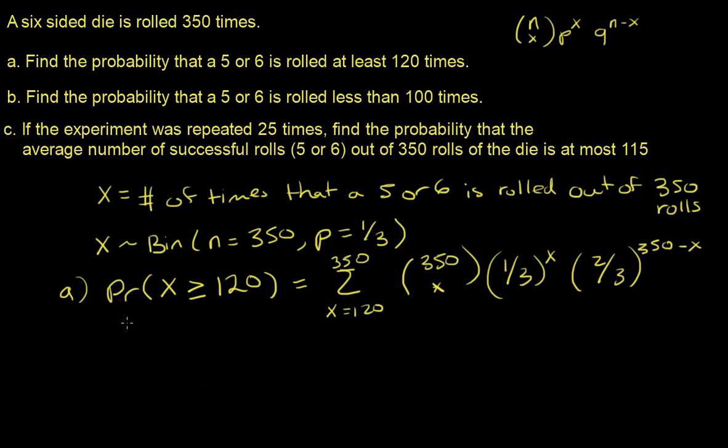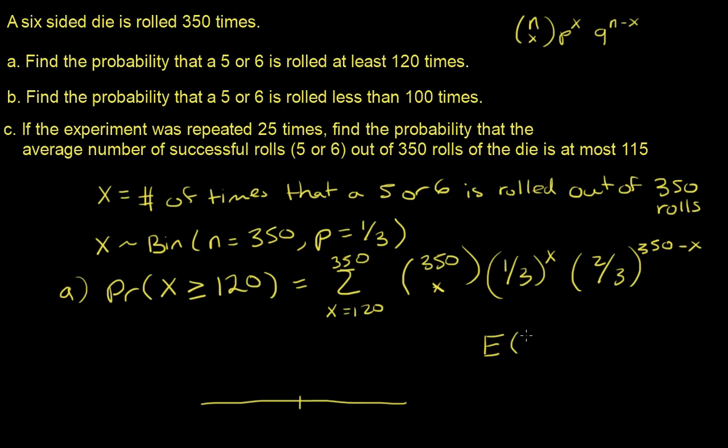So let's see. If we were to use the normal distribution, so let's draw this out. Actually, let me not draw the shape of the distribution yet. So in the center of this distribution, the center of the distribution for x should be its mean, right? So let me go ahead and calculate the mean of this distribution.